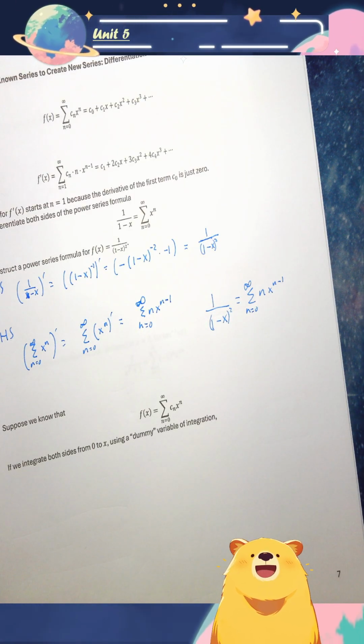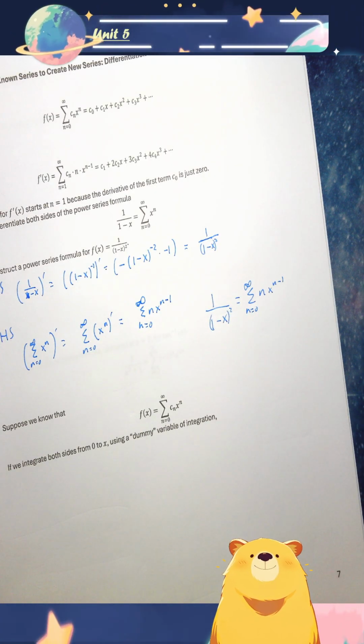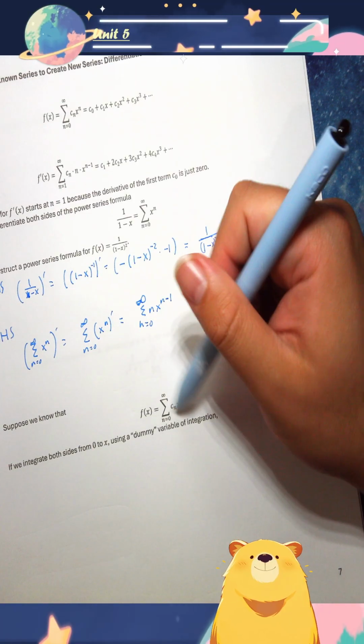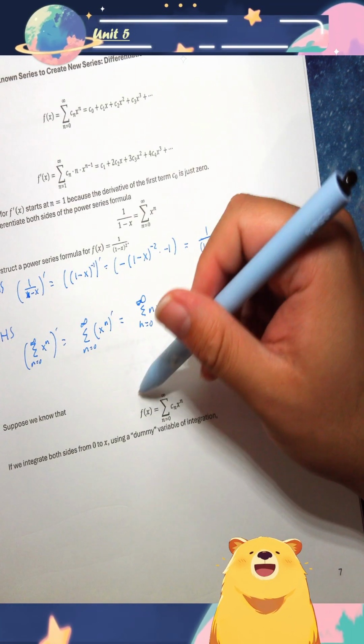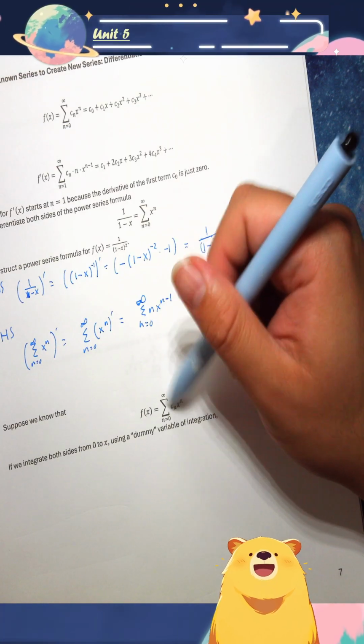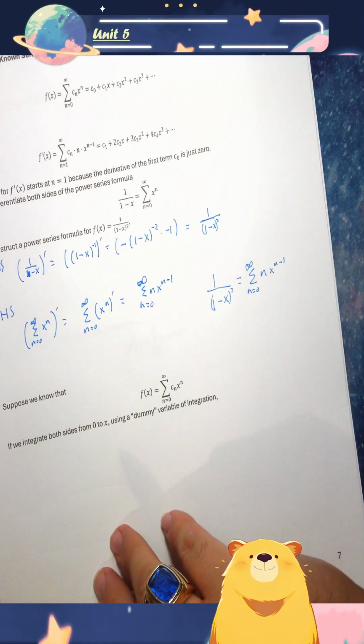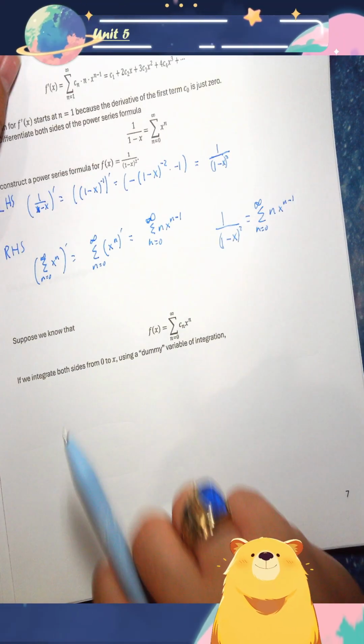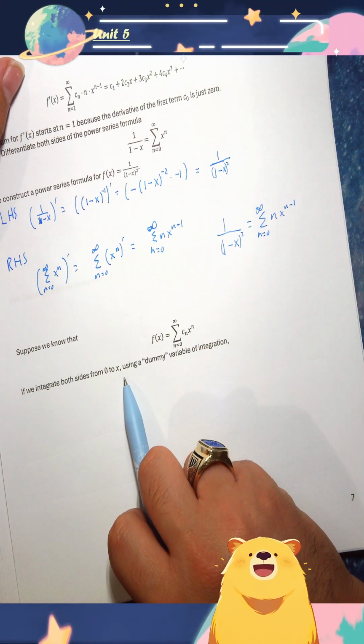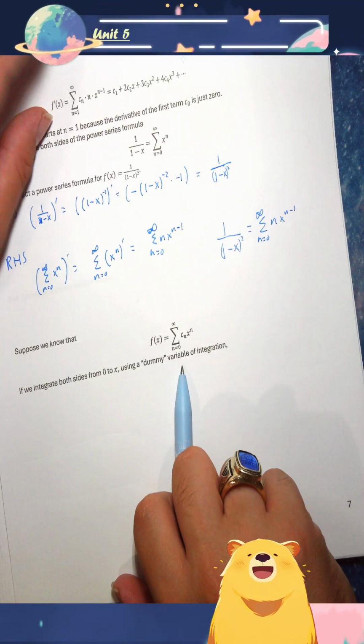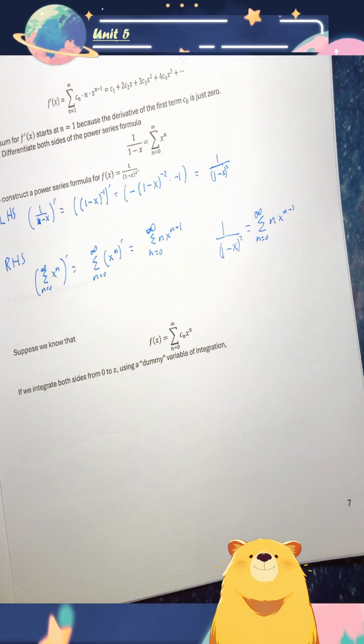Okay. Now suppose we know this function is equal to this power series. If we integrate both sides from 0 to x using a dummy variable of integration, what should we have?